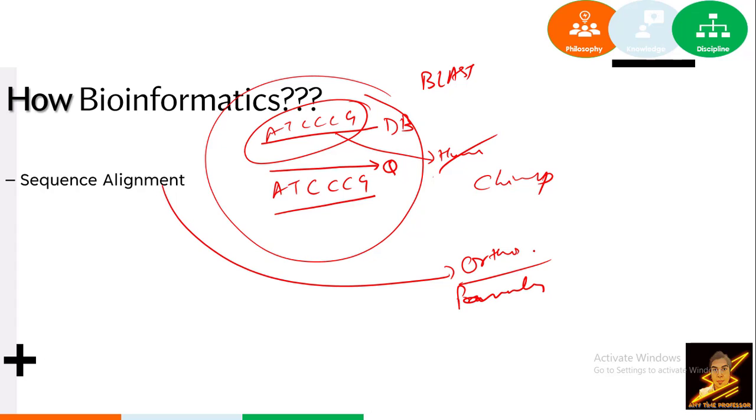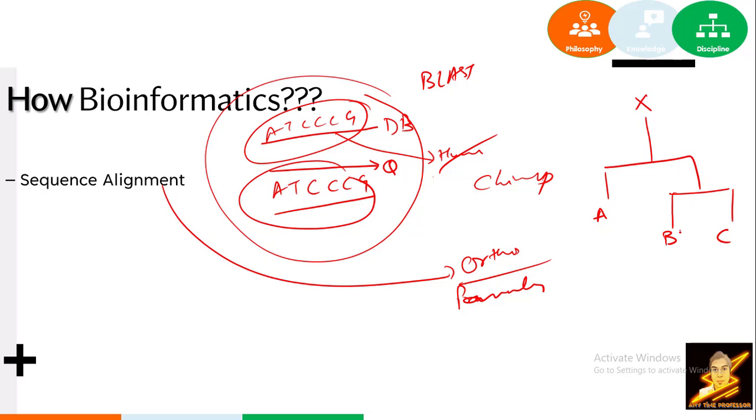Ortholog species means, for example, if an unknown sequence is given to us, or a new sequence which I have isolated from an organism which is unknown to anybody, and it is related to a certain database entry, then I can say that its function may be similar to that particular organism. There are also the concepts of gene speciation and gene duplication. For example, there was an ancestor X, and there are recent species A, B, and C. Say these two are related to each other.